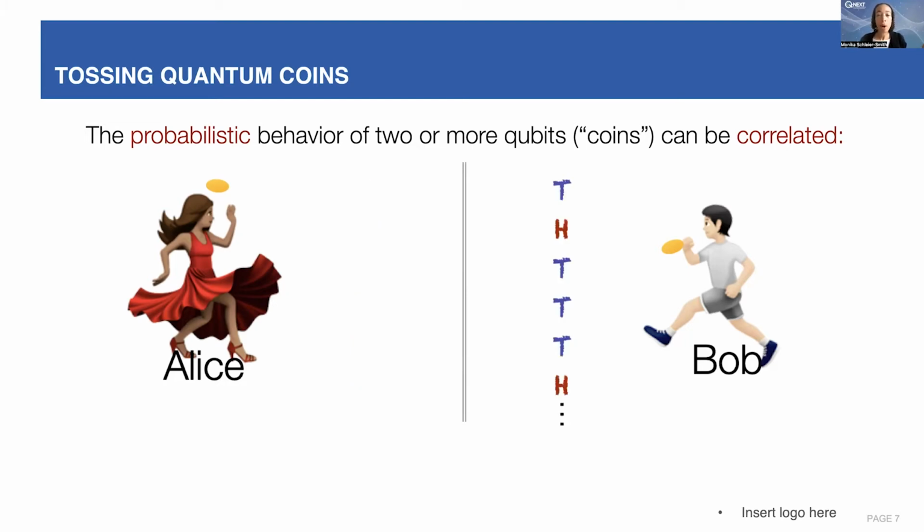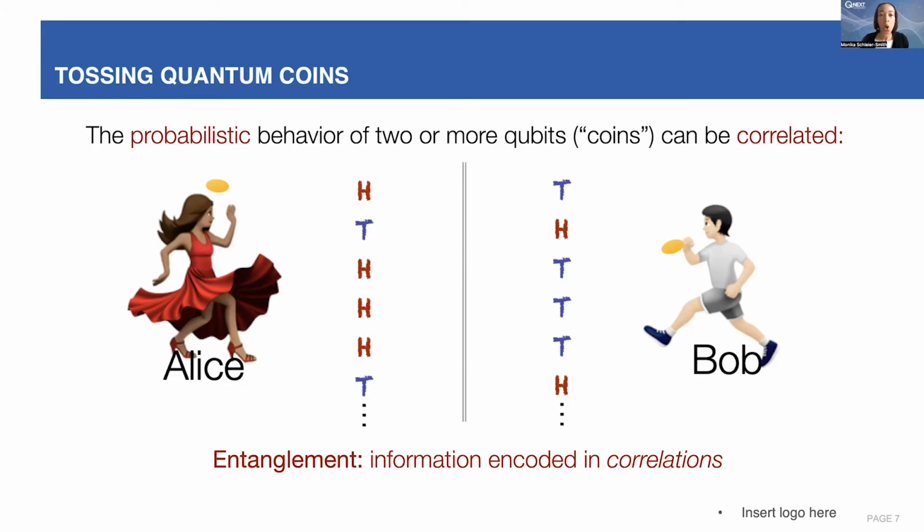But when Alice and Bob compare notes, they could find that the outcomes are always correlated. Every time Alice has heads, Bob gets tails, and every time Alice sees tails, Bob sees heads. Now, this would never happen if we were literally just tossing coins in different rooms across the country. But in quantum mechanics, this can happen, and that tells us that there's information that Alice doesn't have.